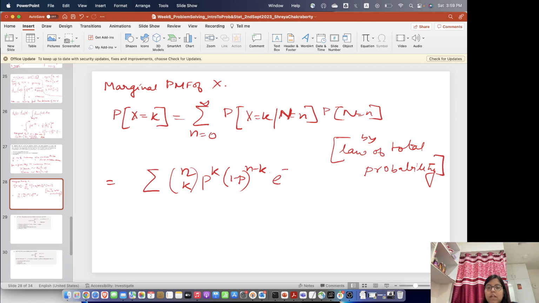So this can be written e to the power minus lambda, lambda to the power n by n factorial. And this can range from n equal to k to infinity, because otherwise this thing is not defined.